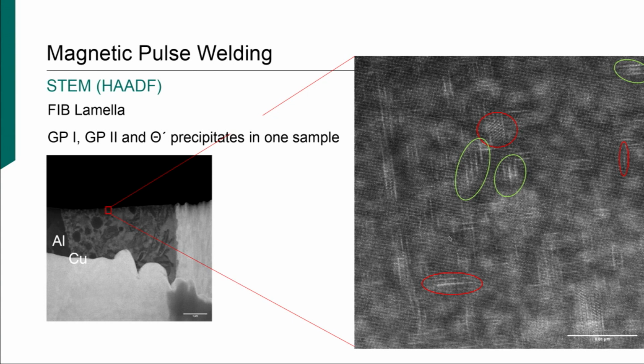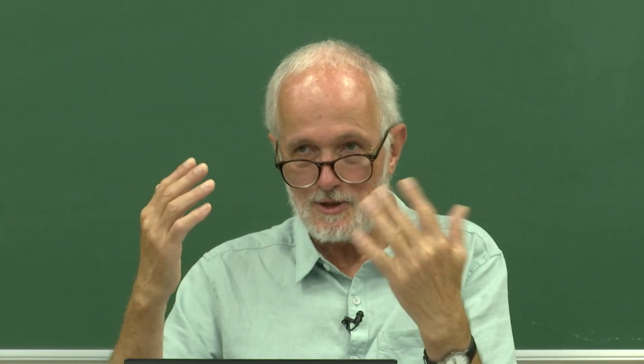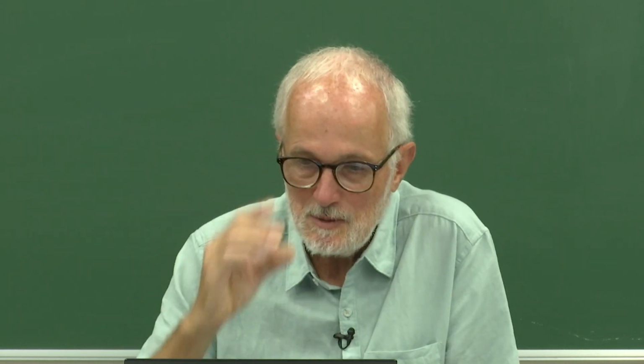But the more astonishing thing I found, I told you already that we are interested in these GP zones, and in these regions where you still have some aluminum, there is a high amount of copper dissolved. If it melts, that's not surprising. But then if it resolidifies, you quench in a huge amount of vacancies. And as I told, excess vacancies are responsible for the formation of these precipitates.